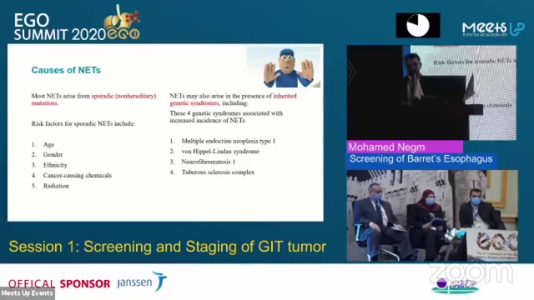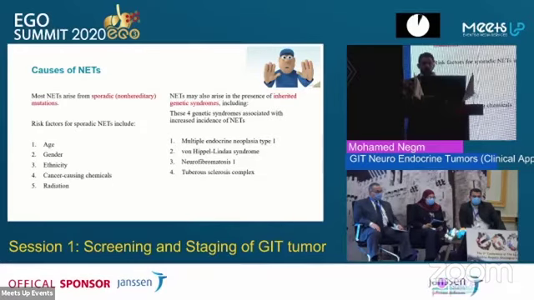The truth is no. But they are connected to certain inherited genetic syndromes. 4 of them: MEN type 1, the multiple endocrine neoplasia type 1, von Hippel syndrome, neurofibromatosis, and the tuberous sclerosis complex. Other than that, sporadic or non-hereditary mutations can be risk factors for neuroendocrine tumors.